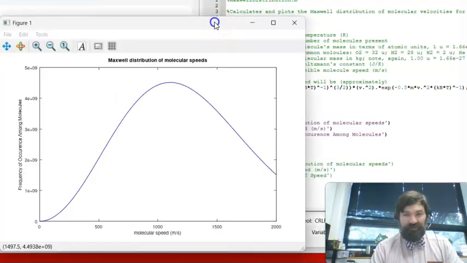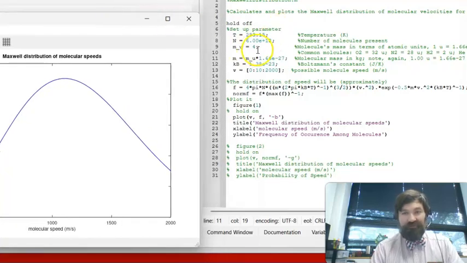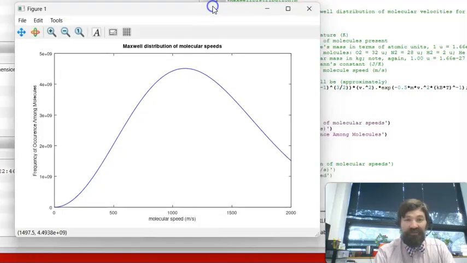Therefore, I made a couple of changes to my code to plot for a helium atom. I decided to put the mass in terms of hydrogen atom masses. So helium would be 4 of those, and my new mass is 4 times the hydrogen atom mass. And then I go and replot.